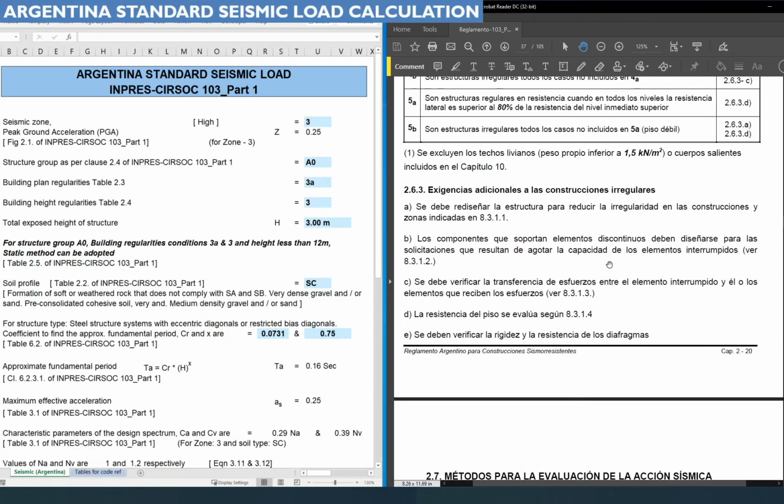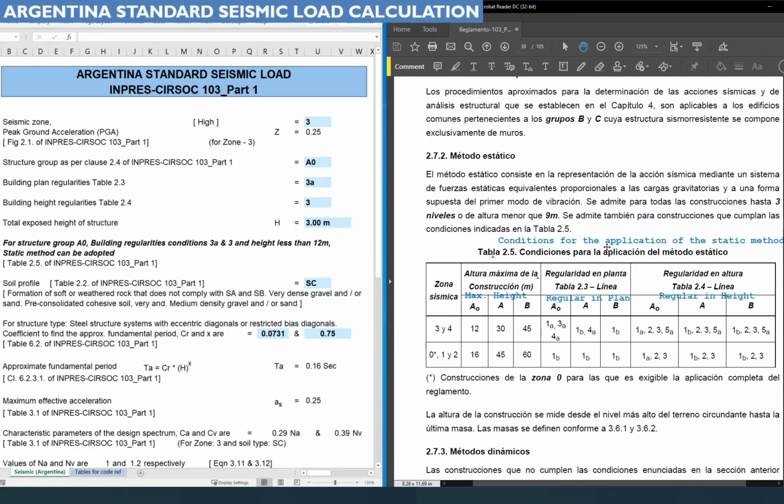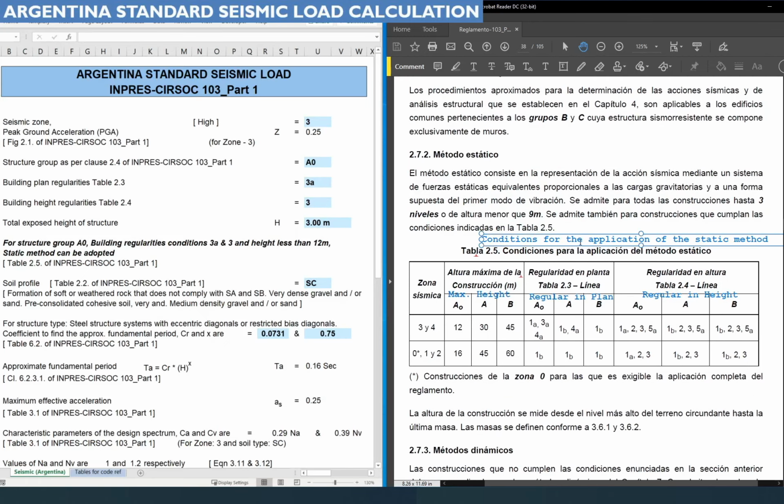page number 38. So this is the table of conditions for the application of the static method. There are tabulated conditions here.